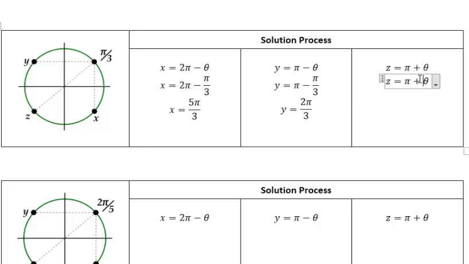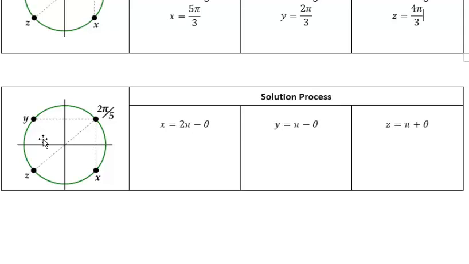So pi over 3, I'm going to add it to pi. That will give me an answer of 4 pi over 3. If you add them, you will get the answer 4 pi over 3. That's how you get the solutions for each one of these positions.